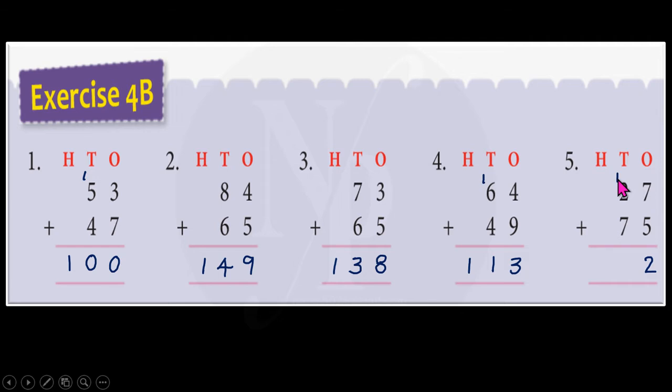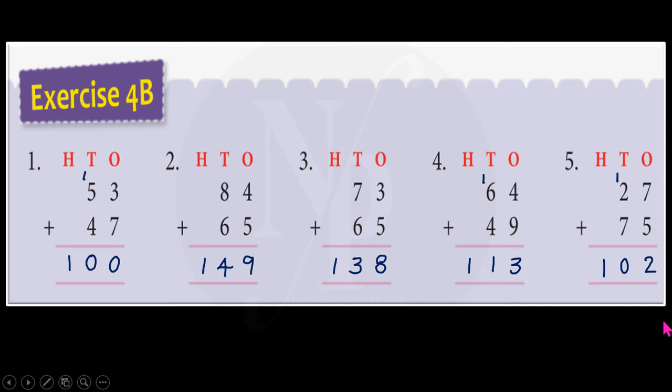That is, 1 plus 2 is 3, 3 plus 7 is 10. 10 tens is nothing but 100. So we write 1 in hundreds column and 0 in tens column, which represents 0 tens. So the sum of 27 and 75 is 102.